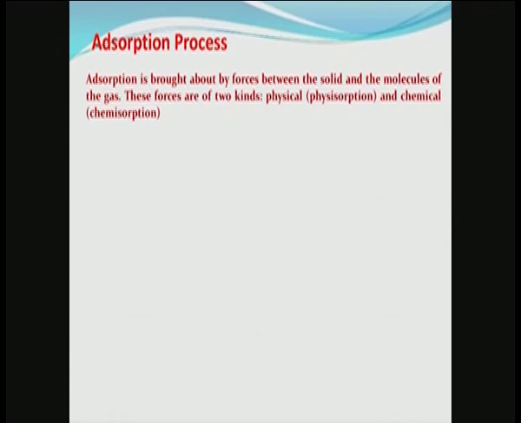Now, as I noted already, adsorption is brought about by forces between the solid and the molecules of the gas which sit on the solid. There are two kinds of adsorption, again to repeat myself: physisorption, where there is only a physical contact, but where there is some kind of bonding involved between the molecules that sit on the surface and the surface, then it becomes chemisorption. We will only be concerned with physisorption in what follows.